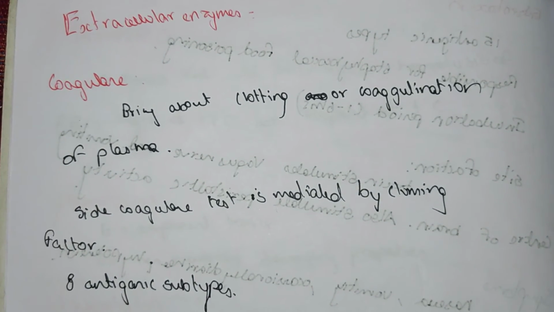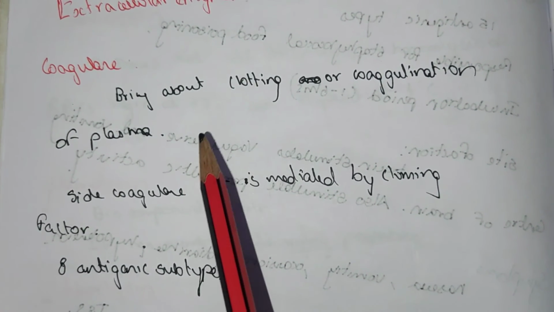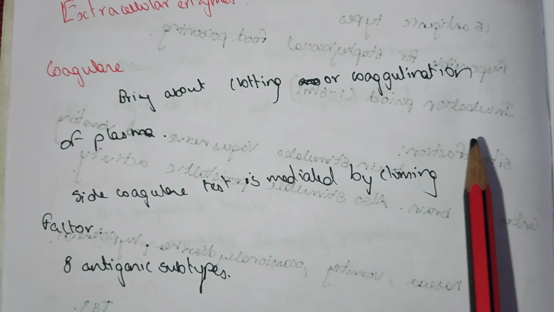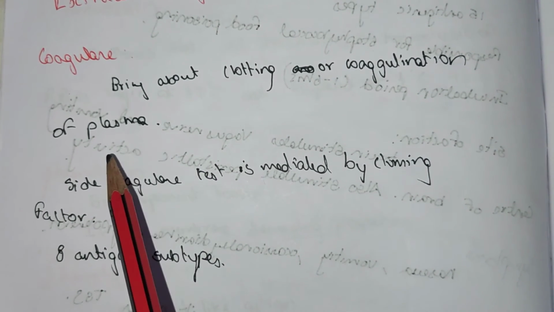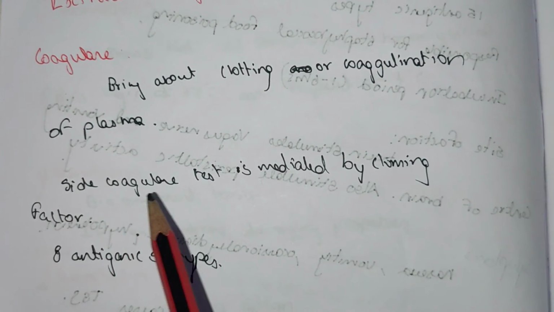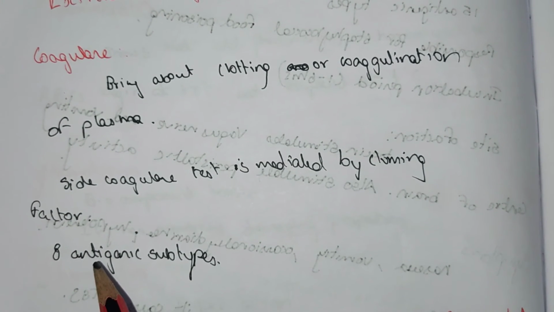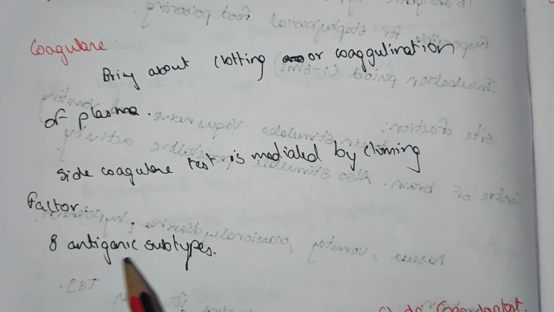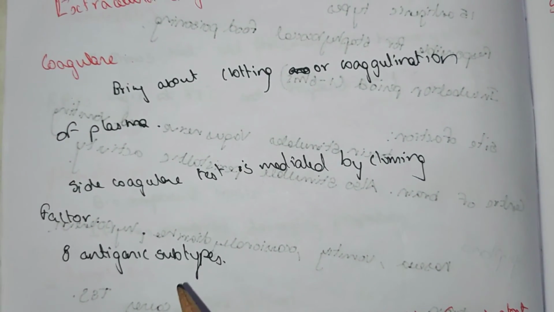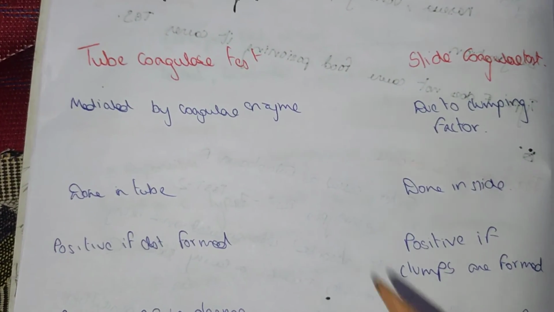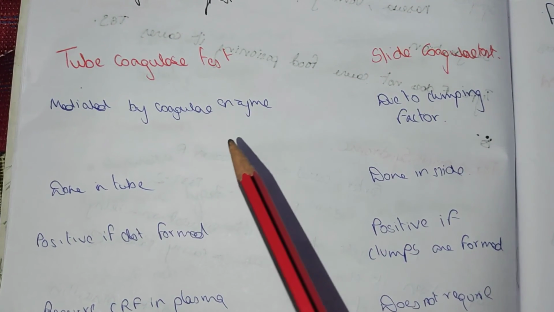Now the extracellular enzyme, coagulase, brings about clotting or coagulation of the plasma. The slide coagulase test is mediated by clumping factor, and 8 antigenic subtypes are present in this coagulase. This test can be done by the tube method, which is the tube coagulase, and the slide coagulase.